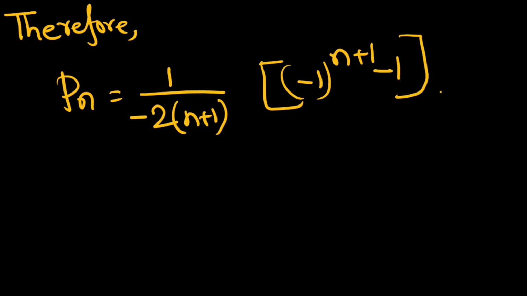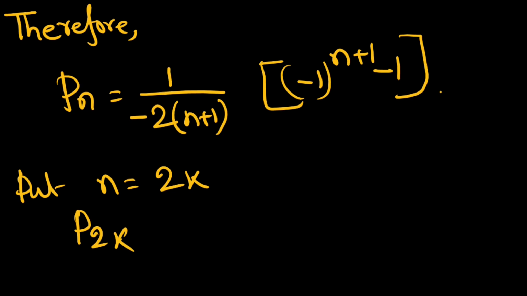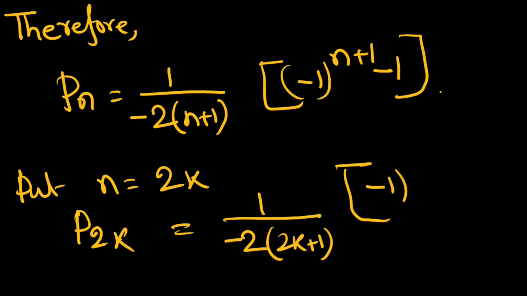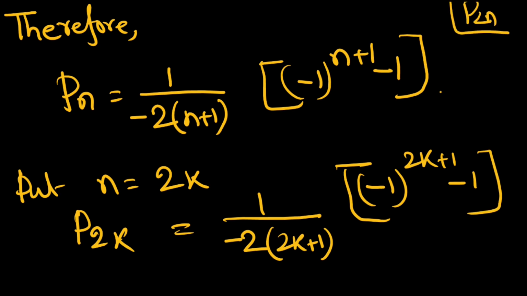Now we put n = 2k, any number 2 times some number, then P(2k) = 1 over (-2)(2k+1) times ((-1)^(2k+1) - 1), because we need actually P(2n). So we want to find P(2k) type, then we replace k by n.